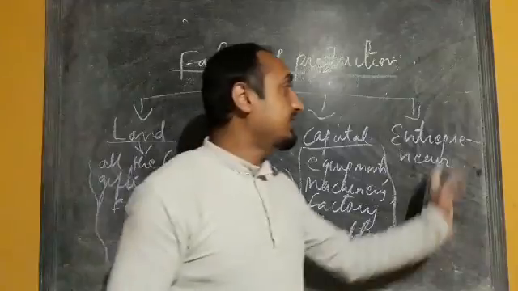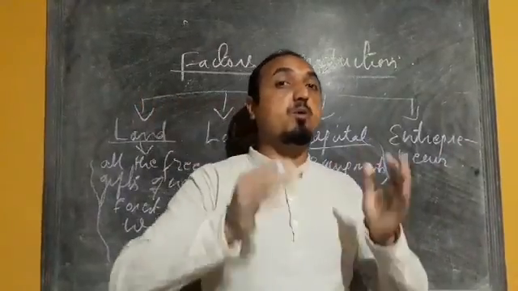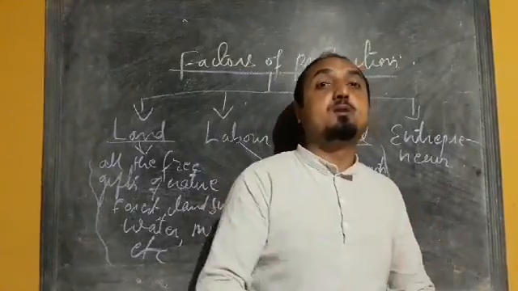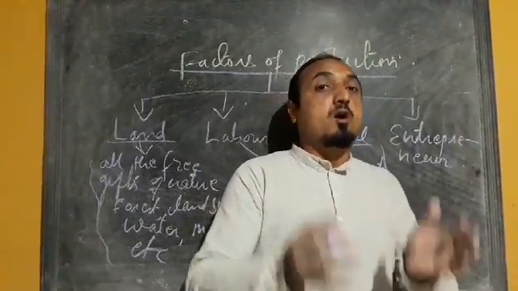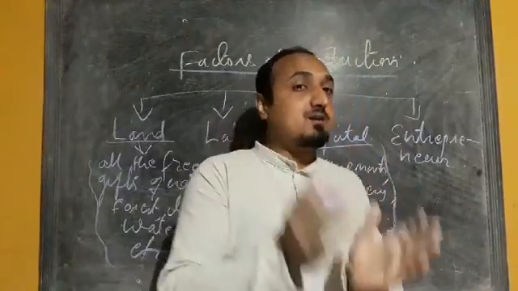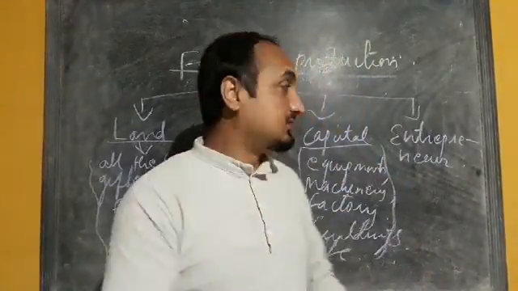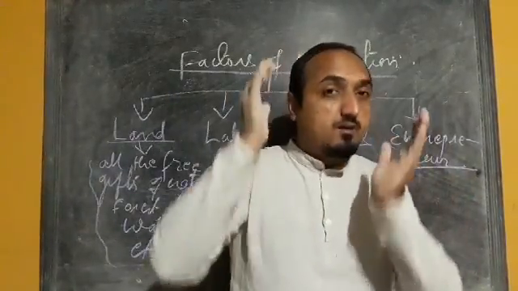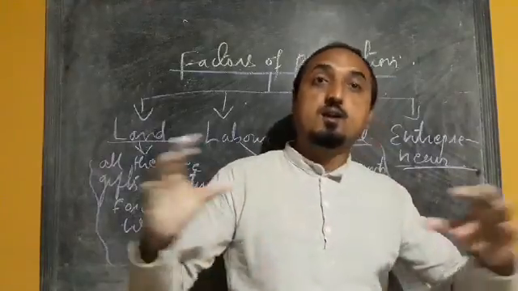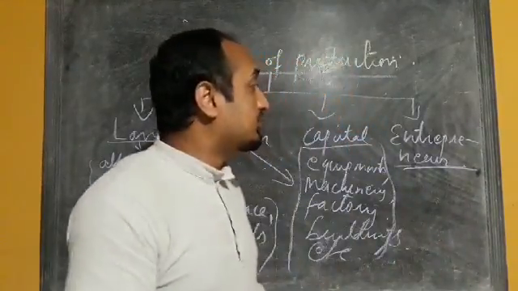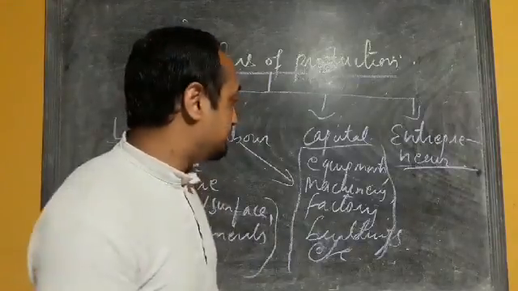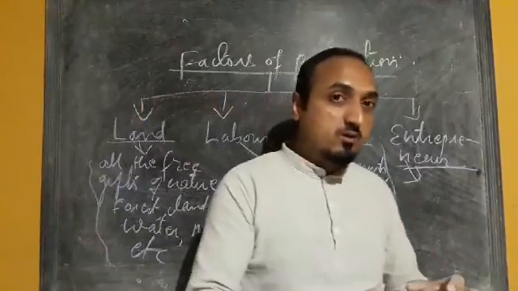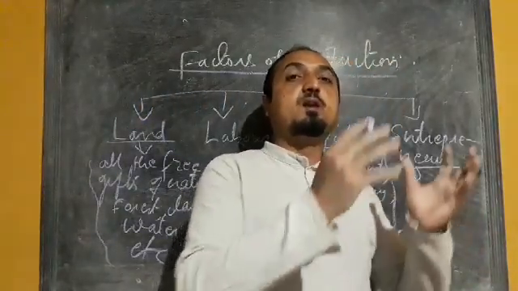Now next one we have entrepreneur. The entrepreneur is the one who combines different factors of production and involves himself in the process of production. He also bears some risk and takes different business decisions. Entrepreneur includes the owner, especially the owner of a factory or any organization.